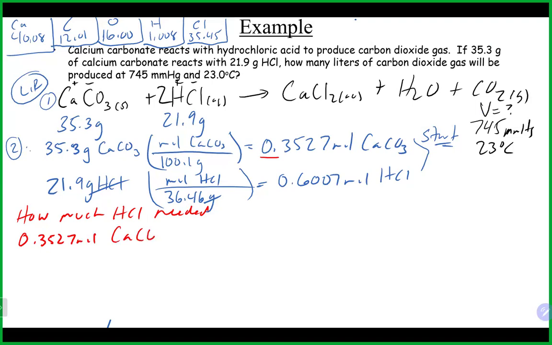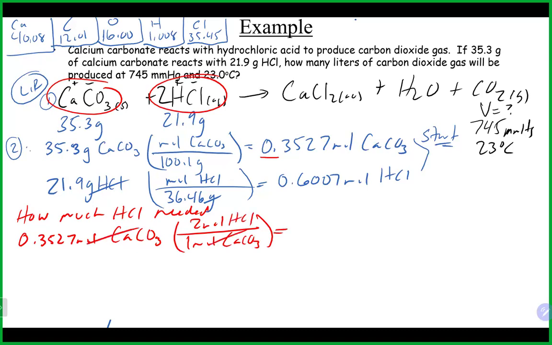I'm going to do my mole to mole relationship between the calcium carbonate and the HCl in this case, which is a 1:2 relationship. 1 mole of CaCO3 gives you 2 moles of HCl. Those guys are going to cancel. That's going to get me 0.3527 times 2, 0.7054 moles of HCl needed.